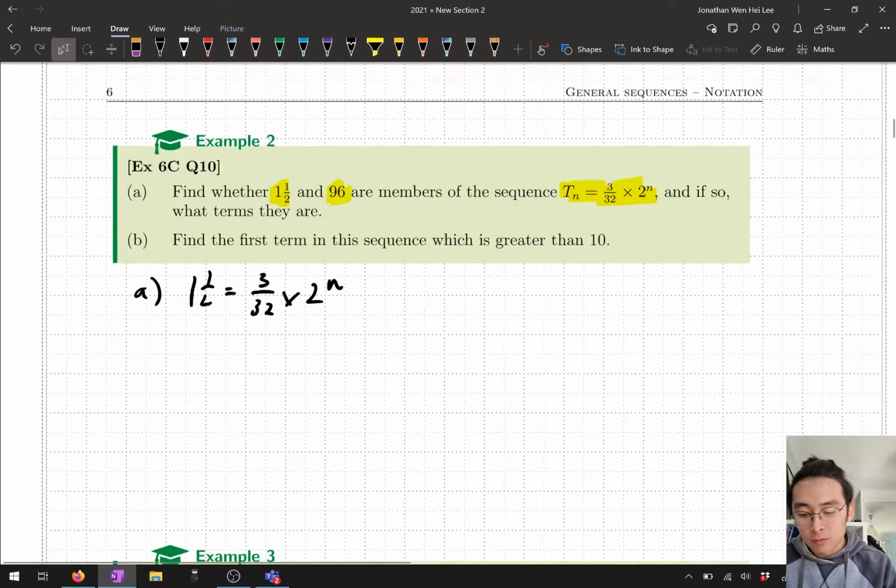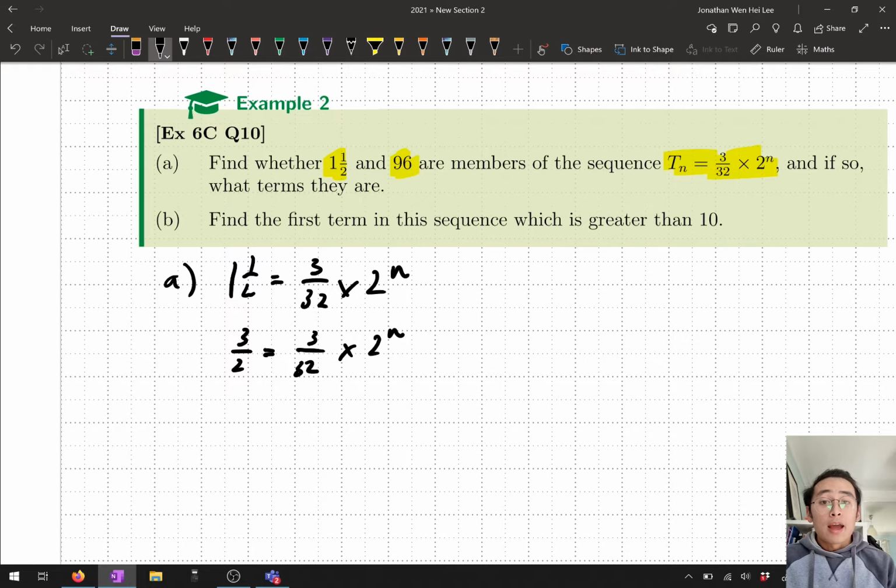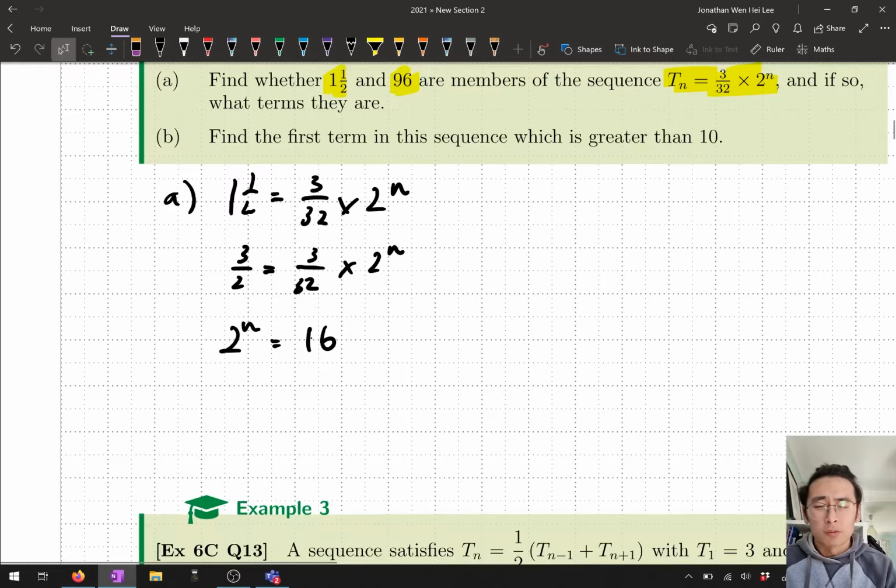On my left-hand side, 1.5 is just 3 over 2, which is equal to 3 over 32 times 2 to the power n. If I want to solve this, I'm going to move this to the other side. I multiply the other side by 32 over 3, and that's 16. What we're looking for is a power of 2 that gives me 16.